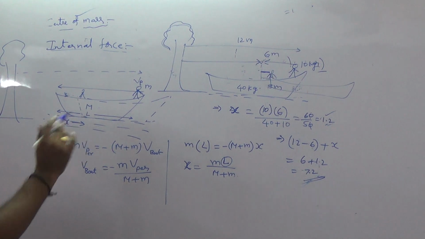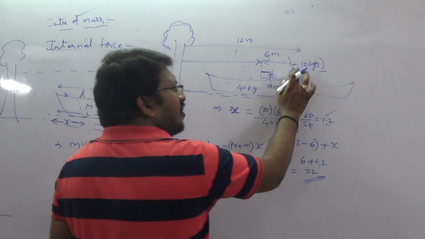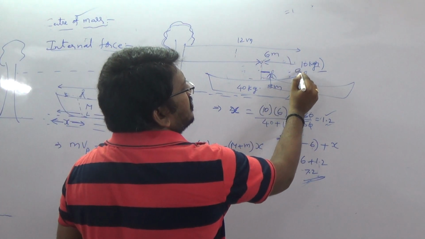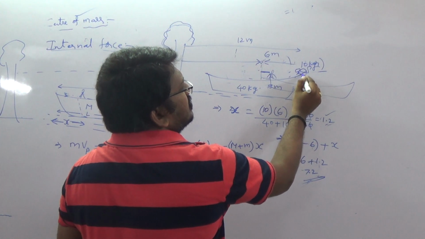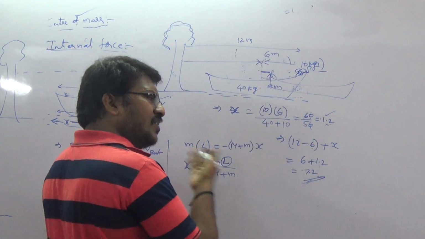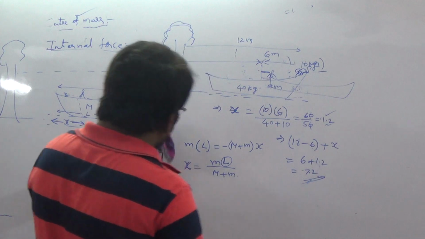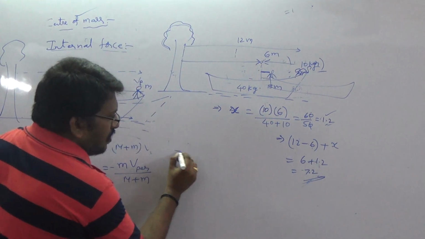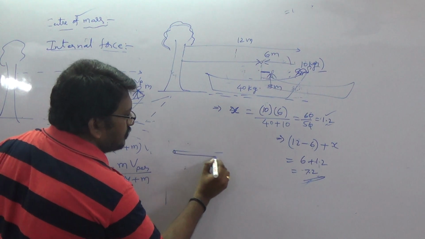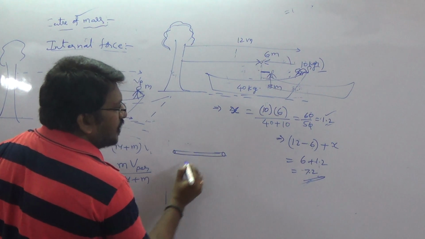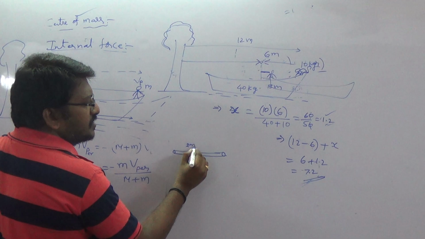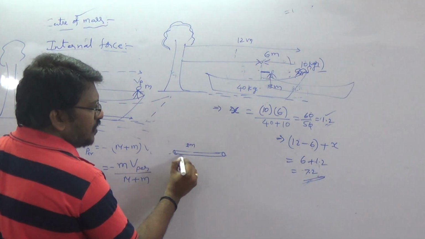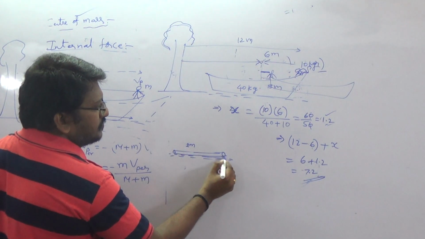The same way, in place of the boy, a dog is placed. A dog is walking from this end to this end. What is the position? Not only that, just for confusion, suppose a straw of length 2 meters or 1 meter is floating on the water surface.